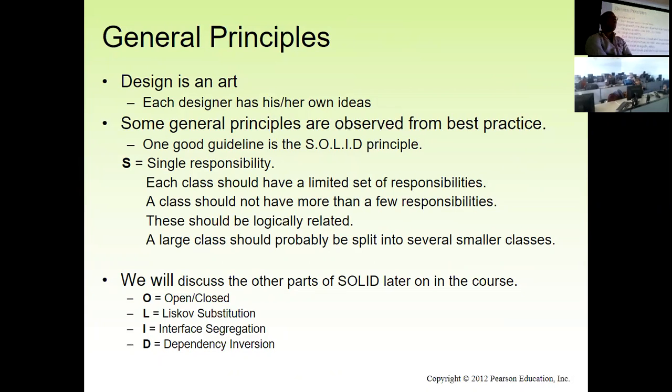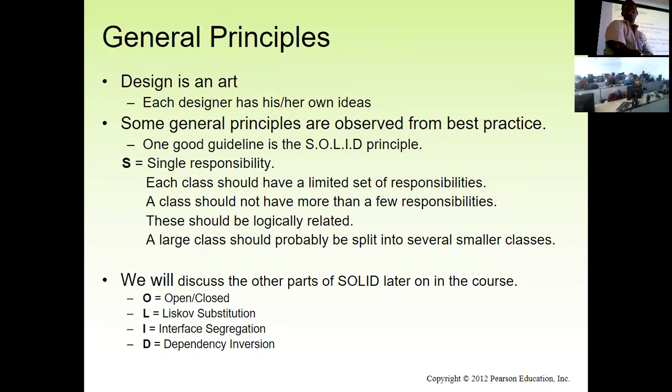But for today, the one that I want to leave with you is single responsibility, S, which says that each class should have a limited set of responsibilities. And you can identify with that because today we identified classes and responsibilities, right? And collaborators, which is which class is doing what and who else is required to help it do what it's doing.